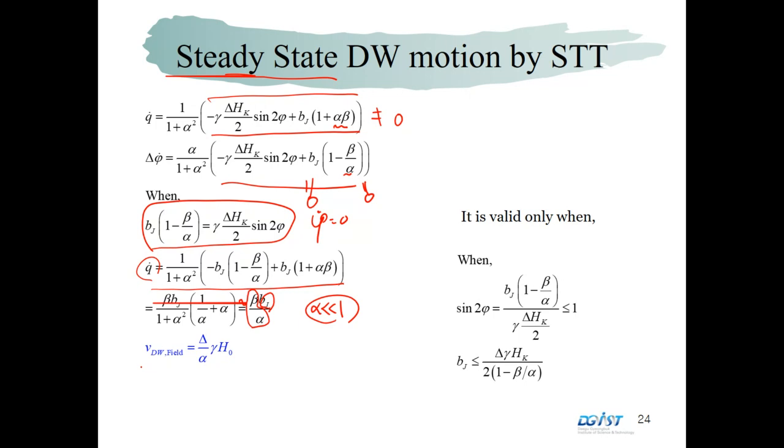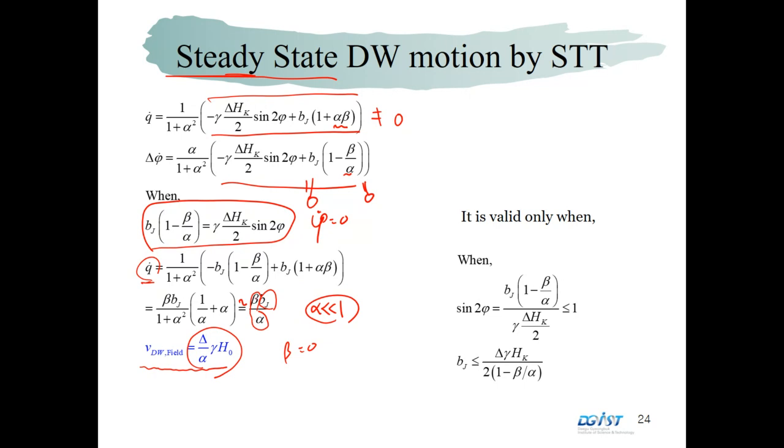Please remember that in domain wall motion by the field, we have this expression, and this is quite similar, because Bj itself has the unit of velocity, and alpha and beta are dimensionless. So the velocity is expressed by proportionality to Bj, and this proportional constant is beta over alpha. And when beta is zero, we obtain the previous result again.